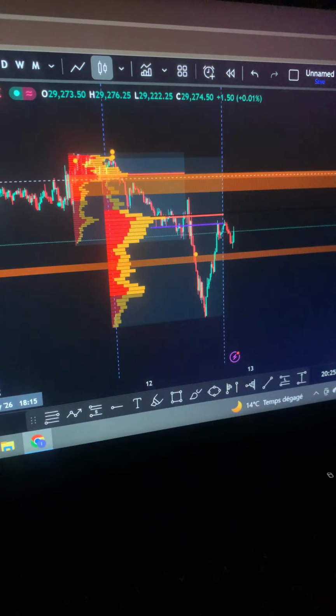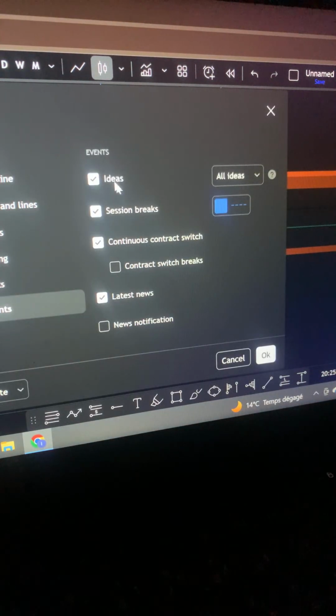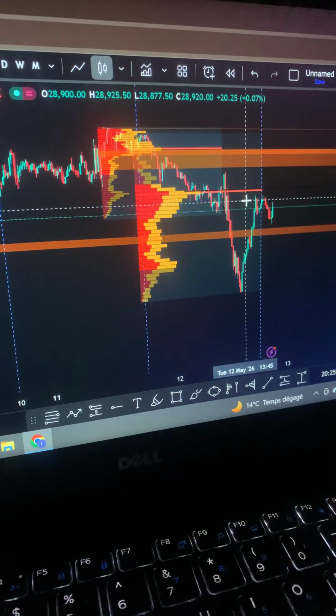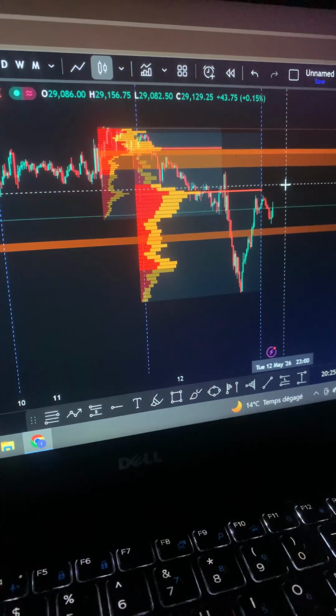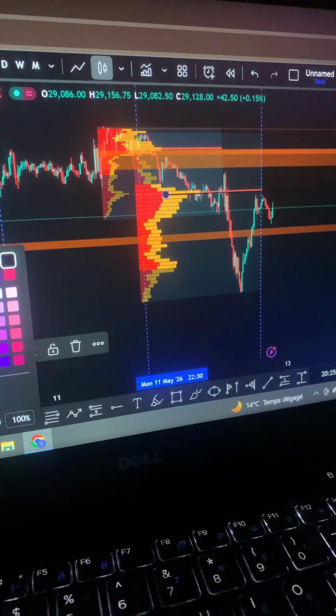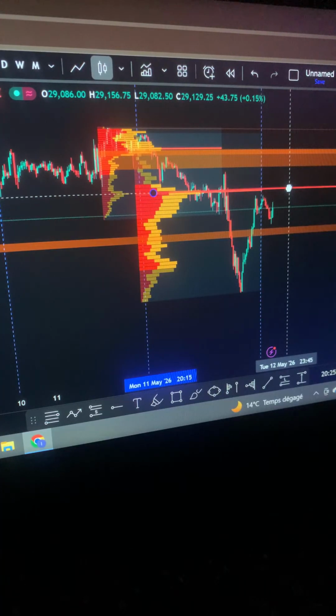What is that? Okay, I don't know where these came from. I'll just remove this one. Today we have closed approximately around the POC, which is, I think, where it will trade into, this price level there. We closed around it, so I don't like this kind of closure.